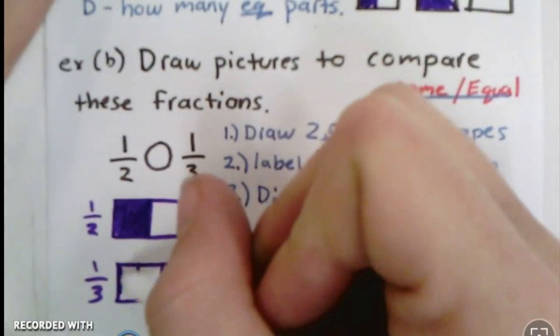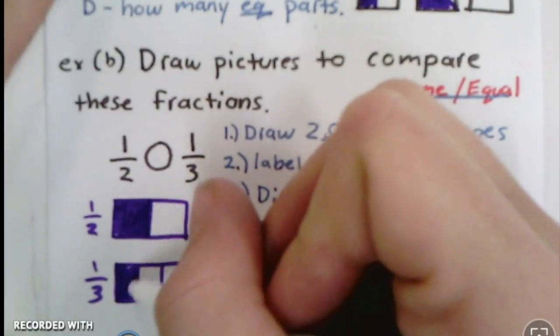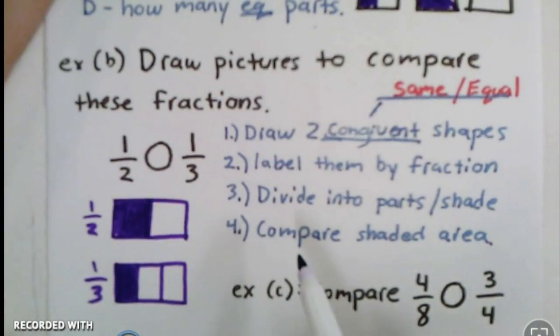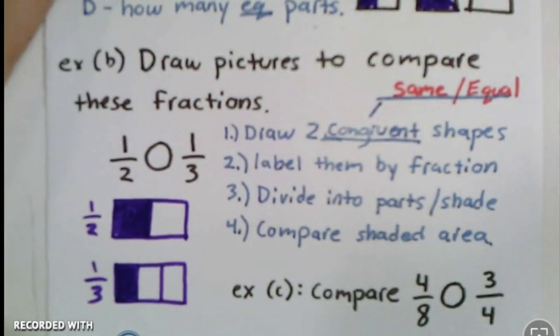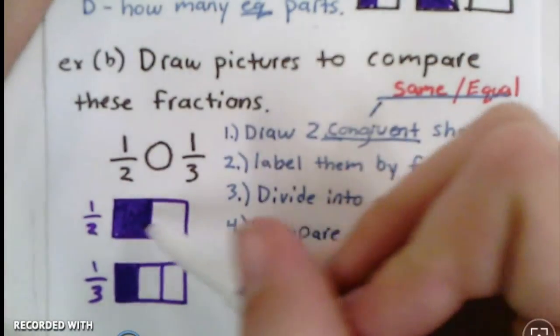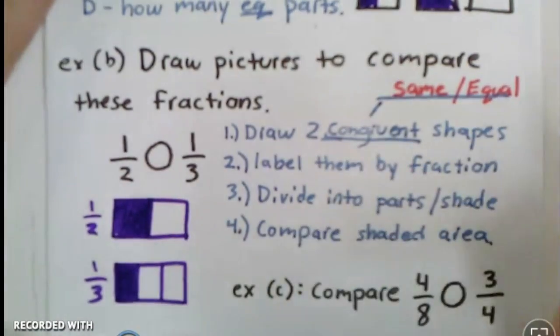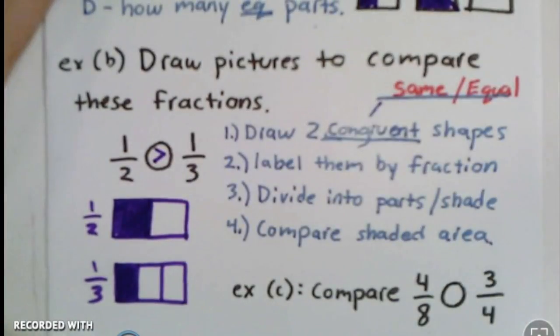So I'm going to shade in 1 of these parts. And then my fourth step says compare the shaded area. So which of these 2 figures has more shaded in? Right? The 1/2 has more shaded in. So therefore, 1/2 is bigger or is greater than 1/3.